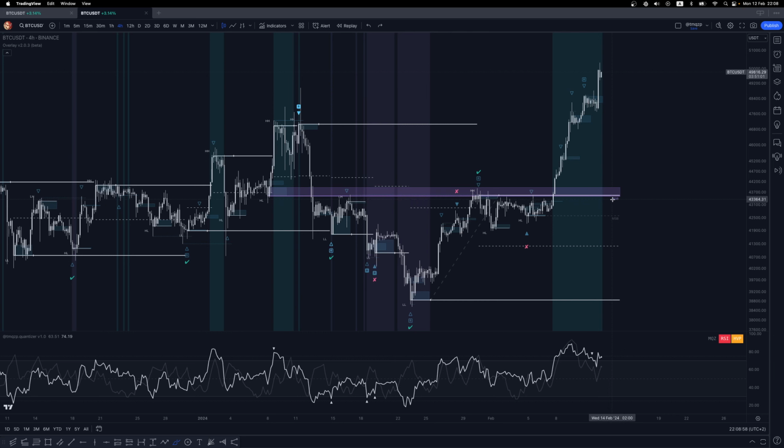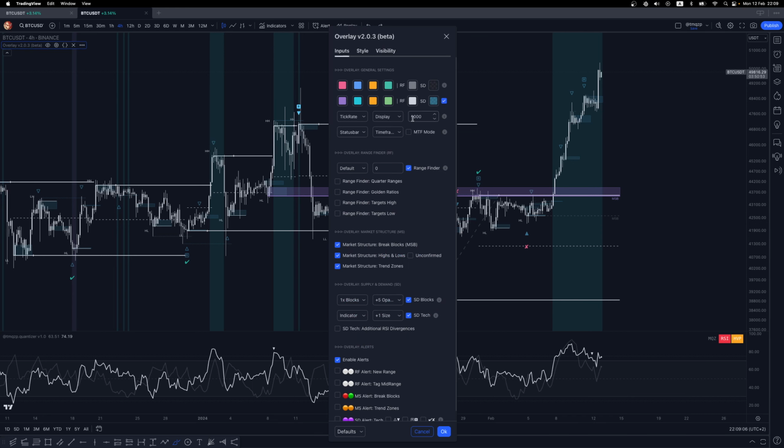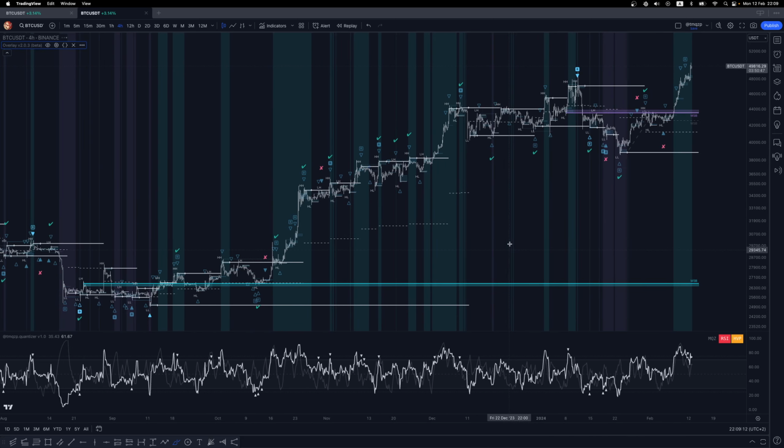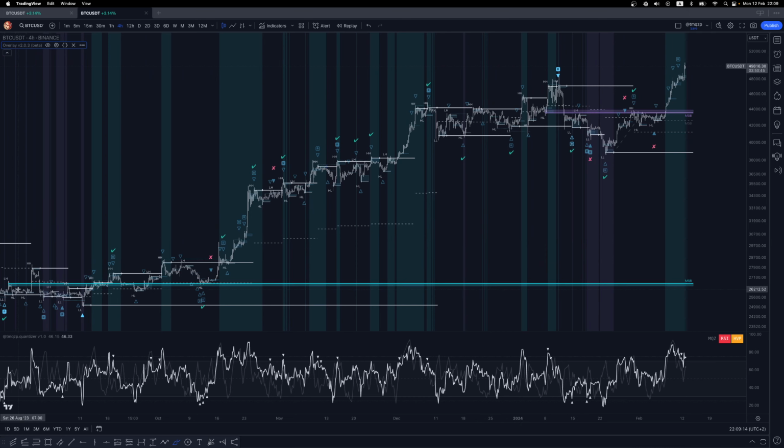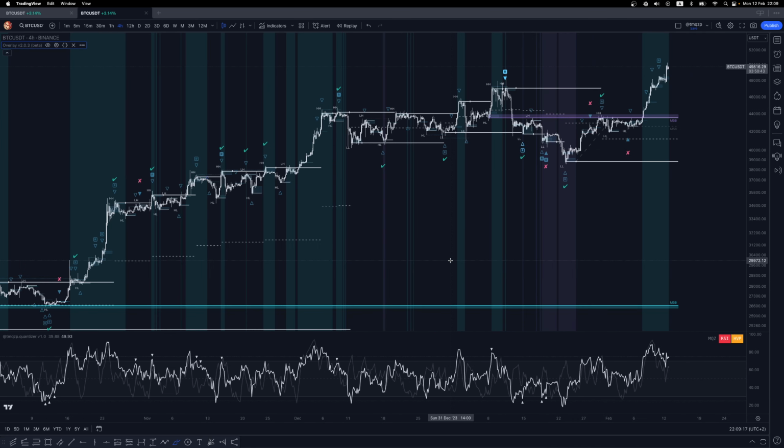And because this is a bearish market structure break, the text is below the box. Let me increase to 2000 so you can actually see the other one too. There it is. This has the text on the top, so that's a bullish market structure break.